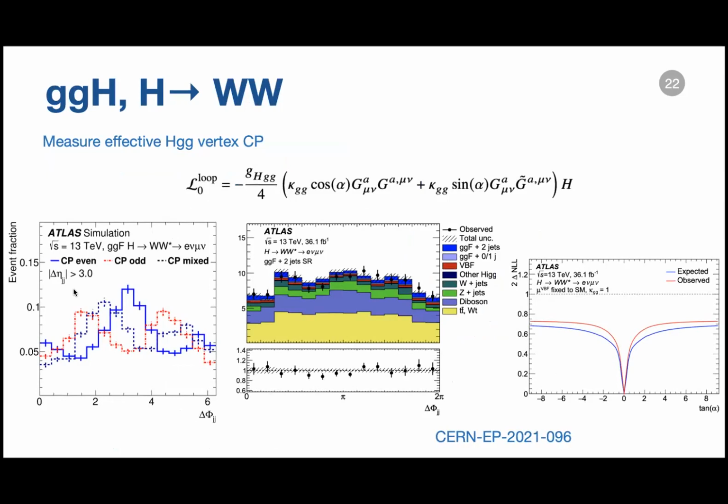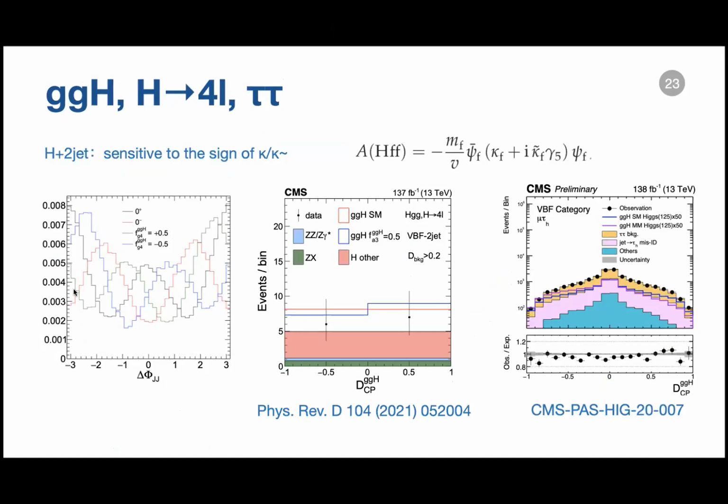This phase space also overlaps with VBF, because at the lower values of MJJ, if we check the distributions in the left-hand plot on this slide, they are not different enough among themselves. So we have to go to the higher values of MJJ, and that phase space is also occupied by the VBF portion.